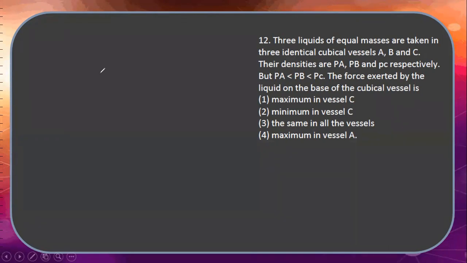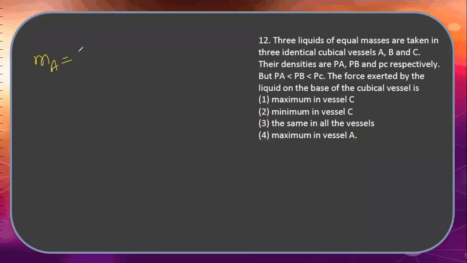Three liquids of equal masses, they told it, equal masses taken in three identical cubical vessels A, B, C. So if they are equal masses, the force experienced will be the same.